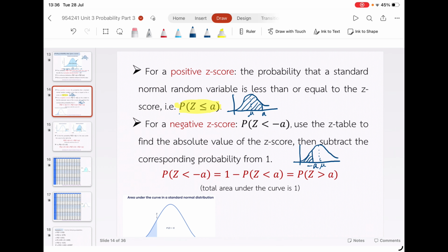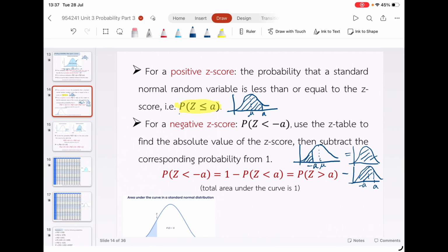You can use the value from the positive side and then subtract from 1. See the shaded area here, it's the same thing as you take the whole thing and then subtract P of Z less than A. So minus A is here, A is here.